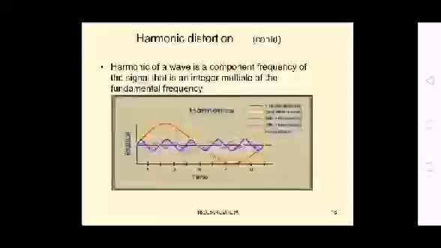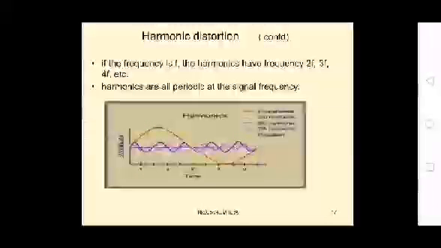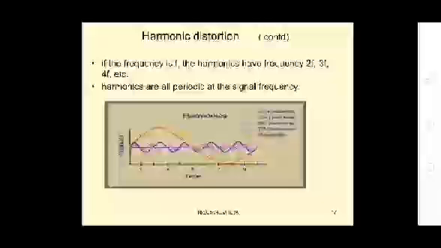These different sinusoidal signals we call the third harmonic, fifth harmonic, based on the integer multiple of the fundamental frequency. If the fundamental frequency is f, the harmonics are multiples like 2f, 3f, 4f, etc., so you will also have nf. Harmonics are all periodic at the signal frequency. This one is very important.